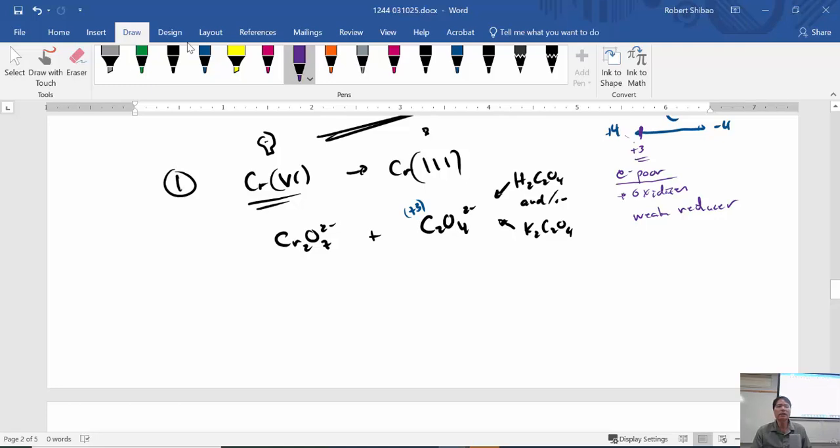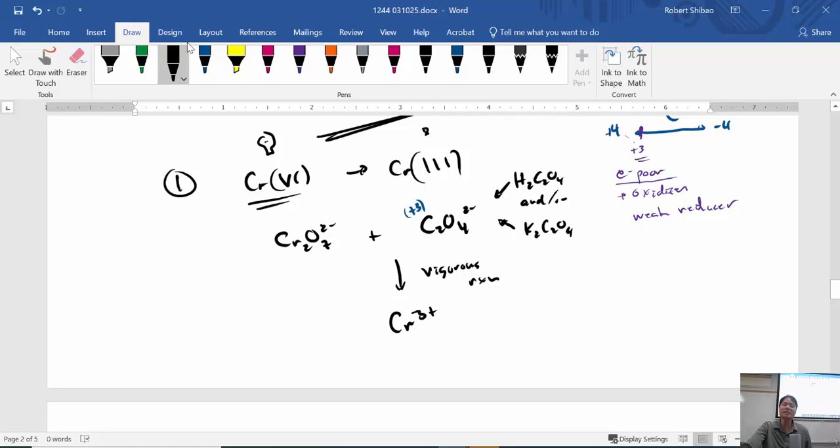And then from this, what we're going to get is kind of a vigorous reaction. And it's going to form chromium 3 plus. That's what we want. So we're going to remove a whole bunch of oxygens there.